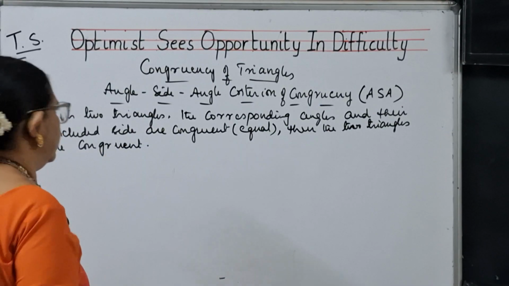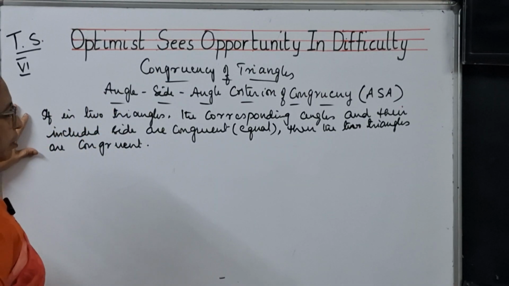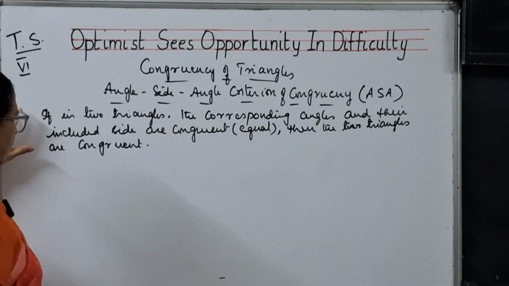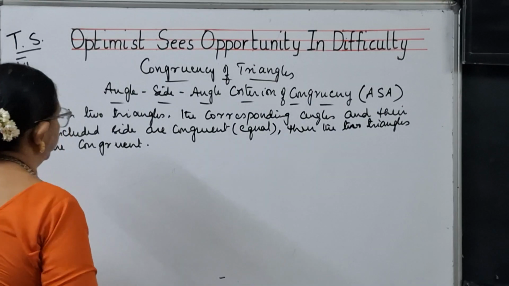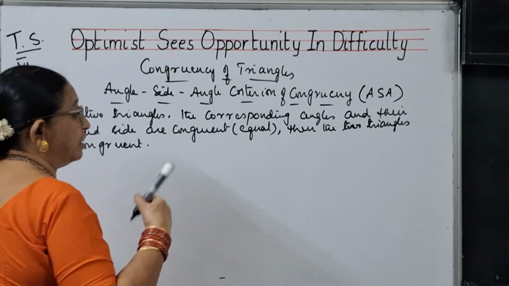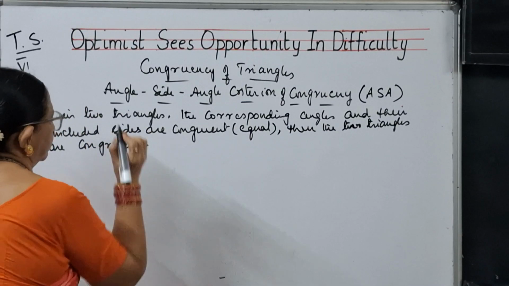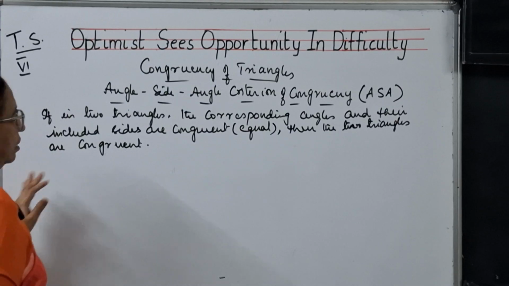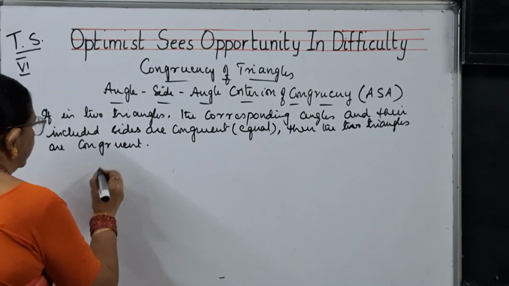This is the property of angle side angle congruency. What is that? If in two triangles the corresponding angles and their included sides are equal, congruent means equal, then the two triangles are congruent.